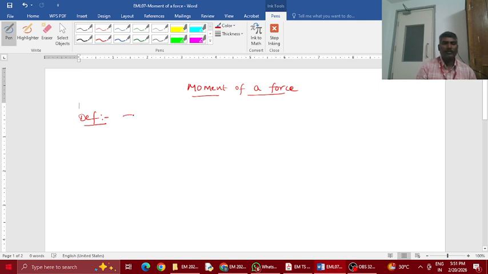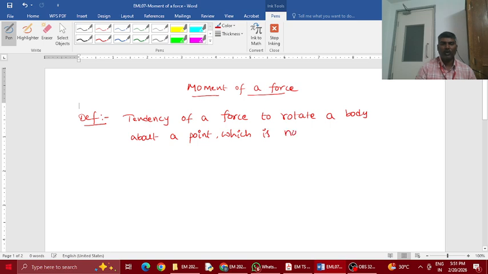So it is the tendency of a force to rotate a body about a point which is not on the line of action of the force.